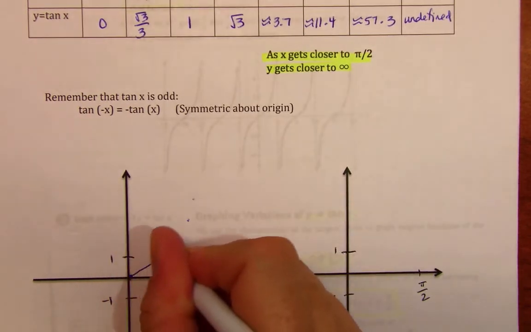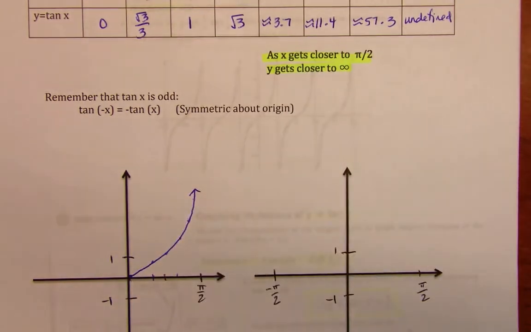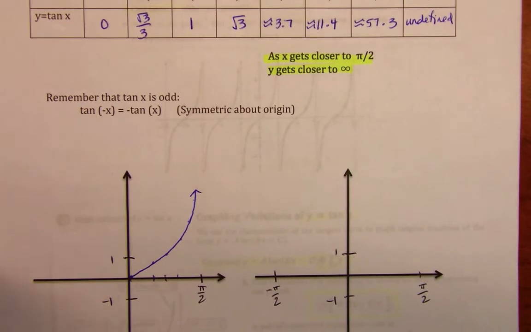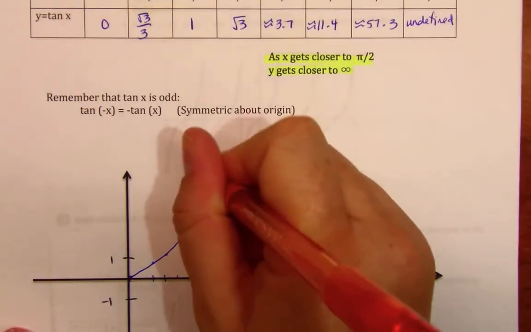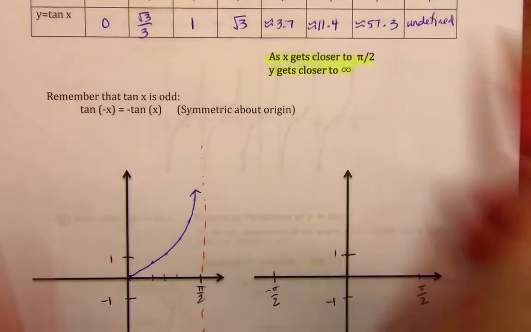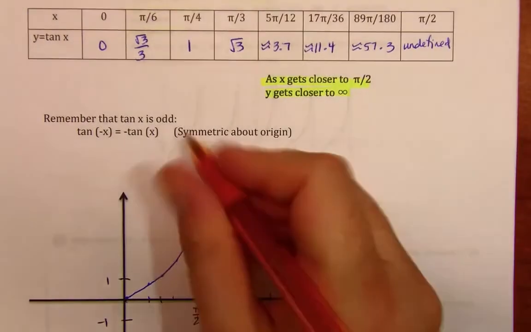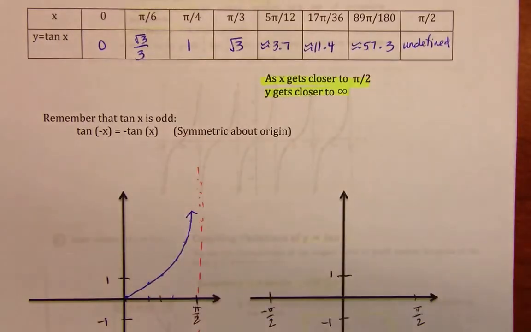We're noticing that the tangent curve is getting big. I mean, we got 57, 11.4, really big values. But at pi over 2, it's undefined. And the reason it's undefined there is there's an asymptote. Cosine is 0 at pi over 2, and so dividing by 0, we get undefined, and our graph approaches an asymptote right there.